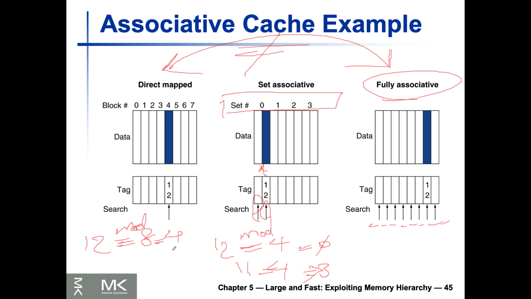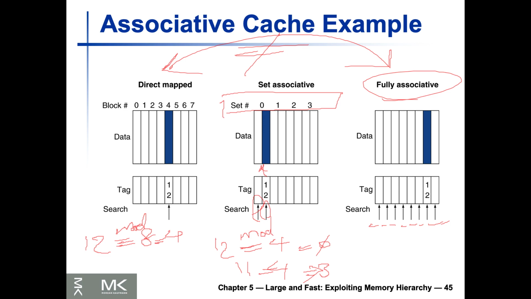It's 4. The block is given by the block number modulo the number of blocks. So that's why, since it's 12, it's definitely going to be directly mapped at 4.